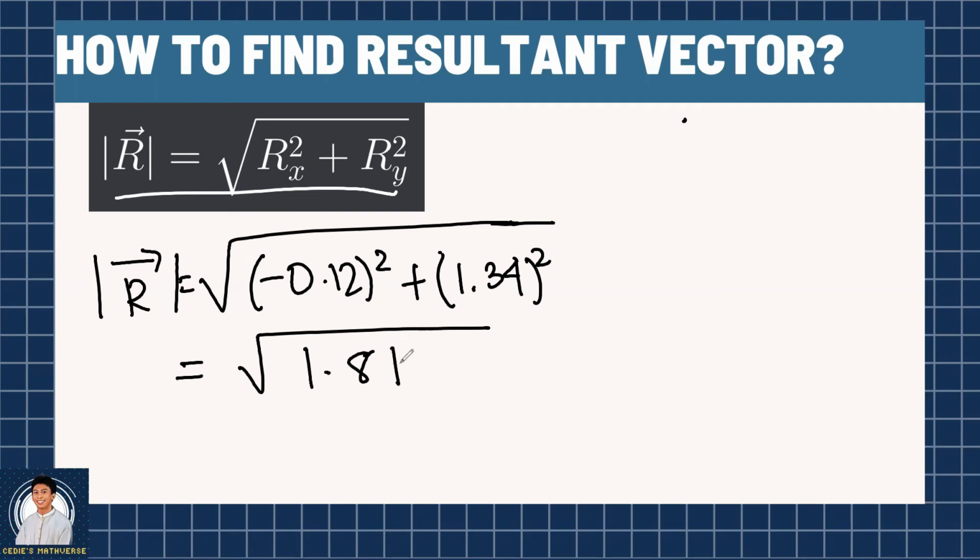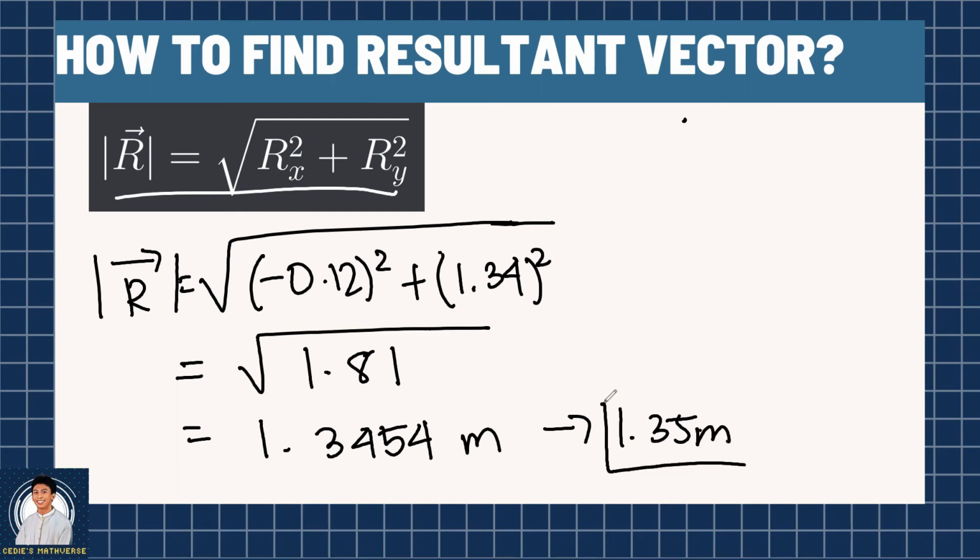1.81. And simplifying it gives us 1.3454 meters. We can round it to 2 decimal places, 1.35 meters, or it depends on the number of decimal places or significant figures you are required to round off to.